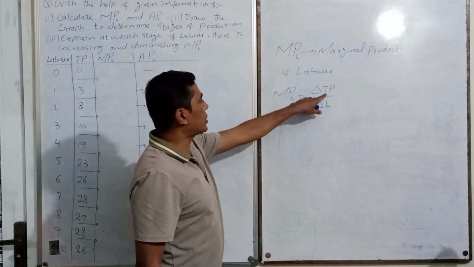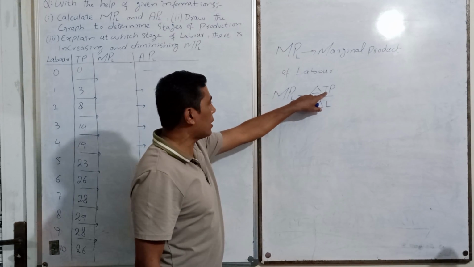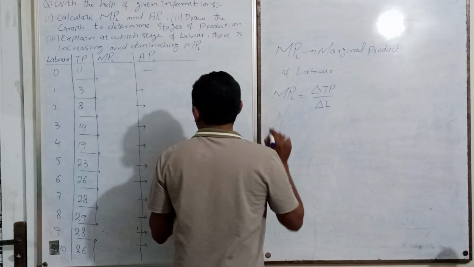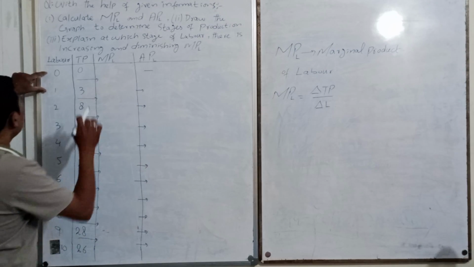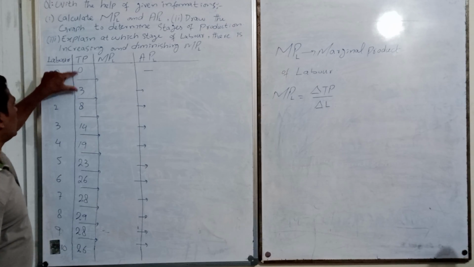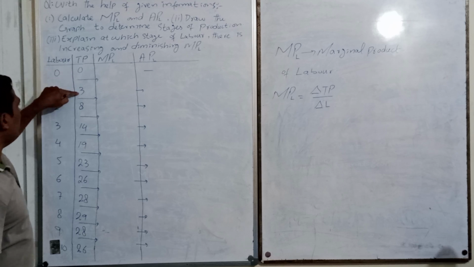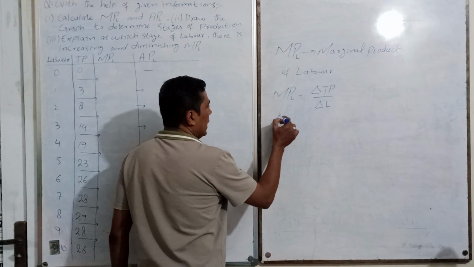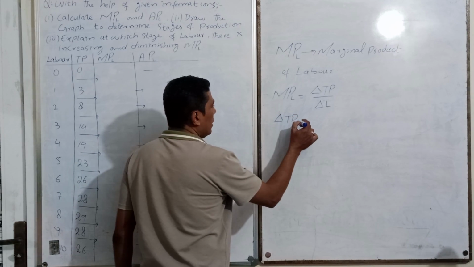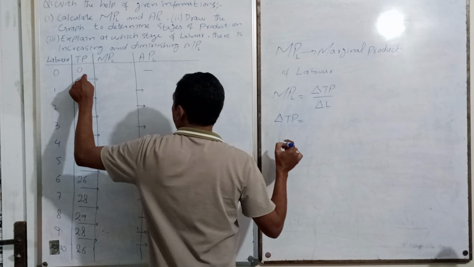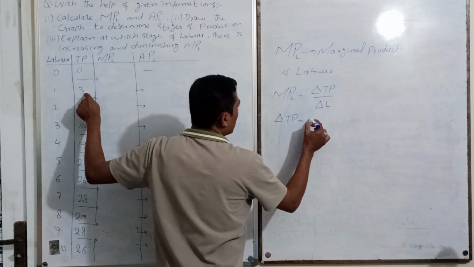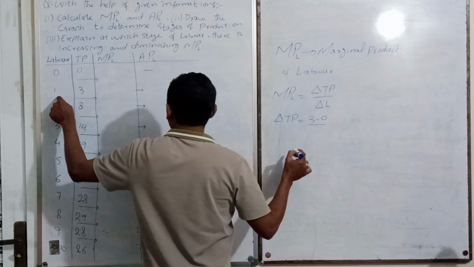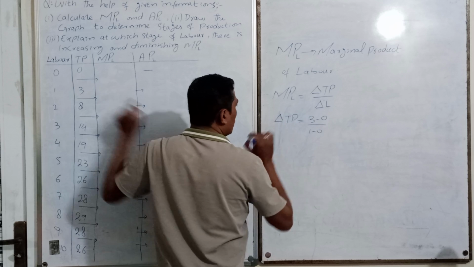TP stands for total output or total product. Delta stands for change in total output. For example, we want to calculate between these two numbers, 0 to 3 and 0 to 1. So delta TP will be between 0 and 3, that is 3 minus 0, and delta L is 1 minus 0.